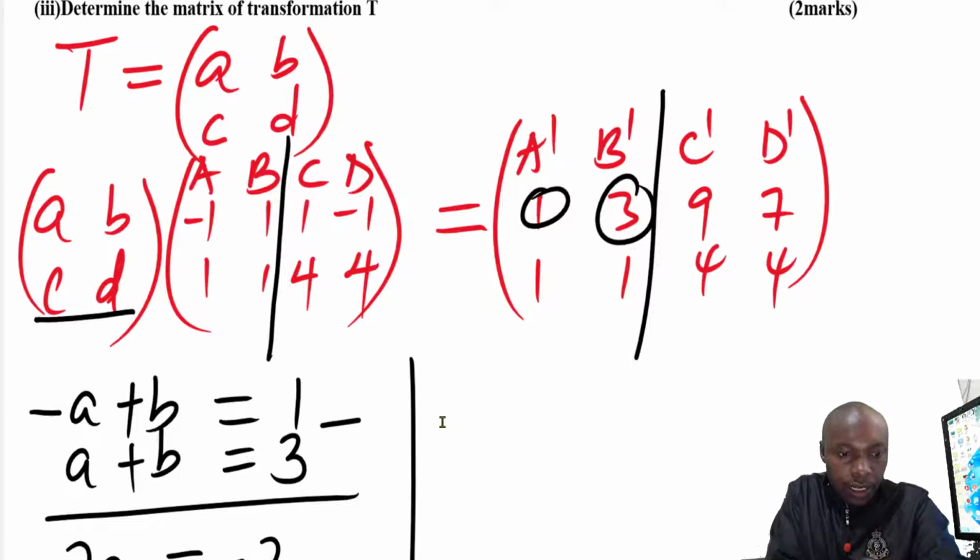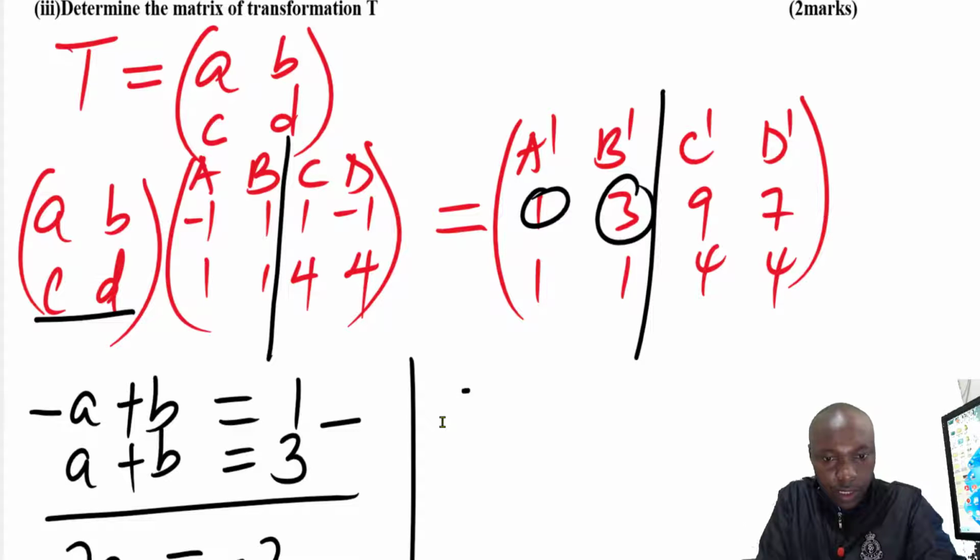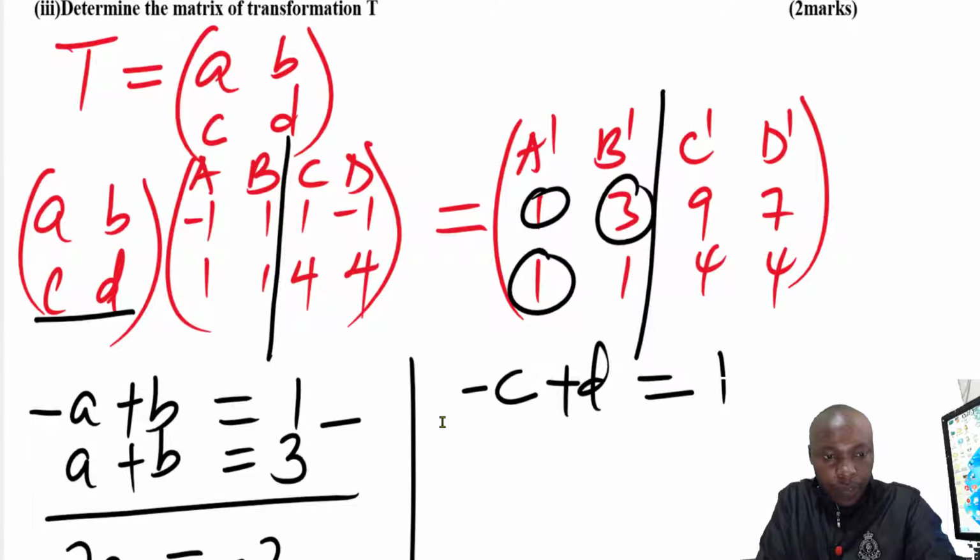So to get c and d, I'll use these again. So c multiplied by -1, which will be negative c, and then plus d multiplied by 1, so this will give plus d, and that one will definitely correspond to 1. Then I go now to the second column, so this is a row multiplied by the second column, so c multiplied by 1, that is c, then plus d multiplied by 1, which is d.